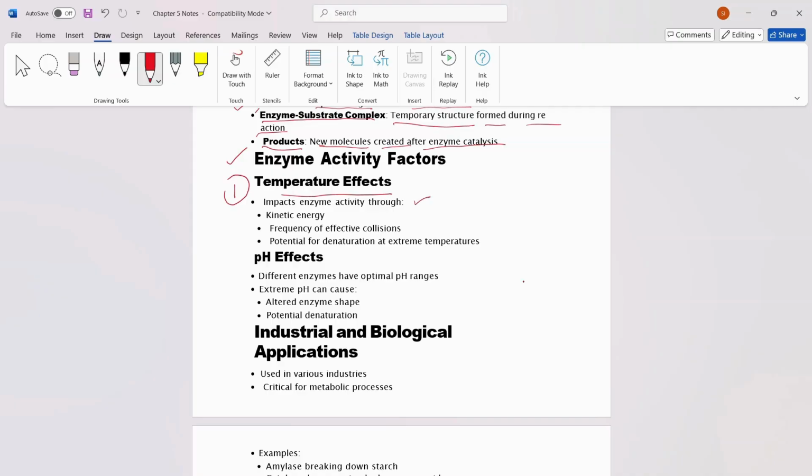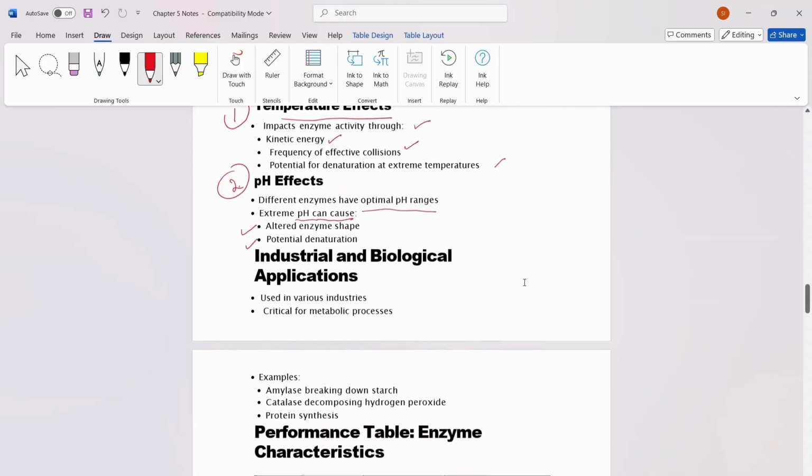It impacts enzyme activity through kinetic energy, frequency of effective collisions, and potential for denaturation at extreme temperatures. Second is pH effects. Different enzymes have optimal pH ranges. Extreme pH can cause altered enzyme shape and potential denaturation.